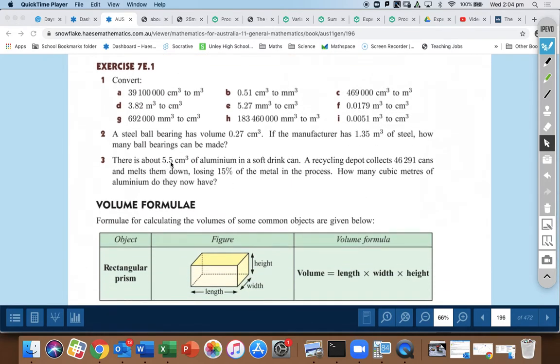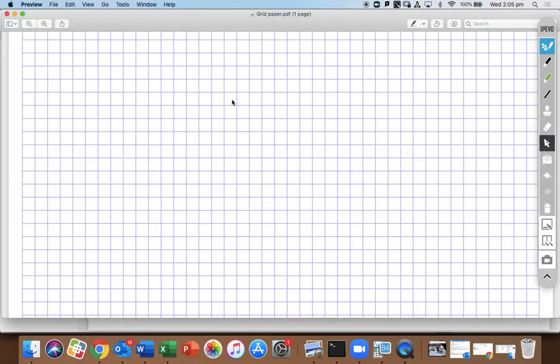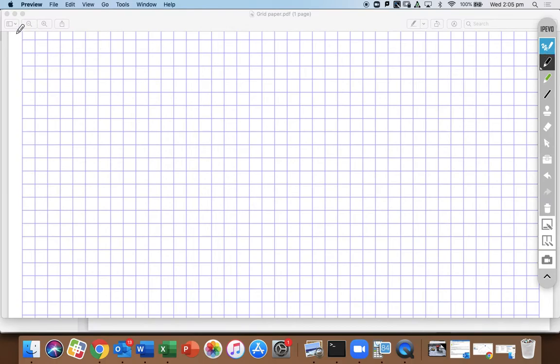There is 5.5 cubic centimeters of aluminium in a can, but we have 46,291 cans. Right. I'm just going to write this out. This is 7E, part 1. It's question 3.